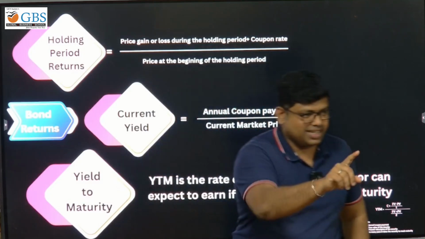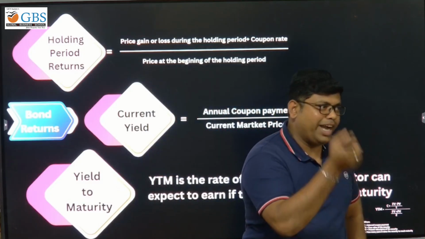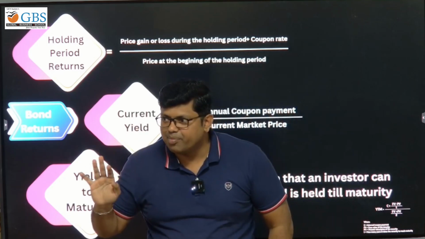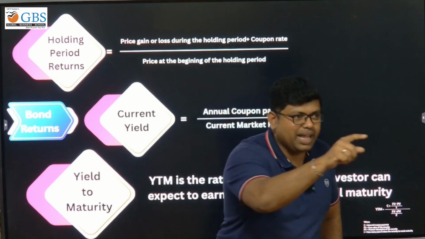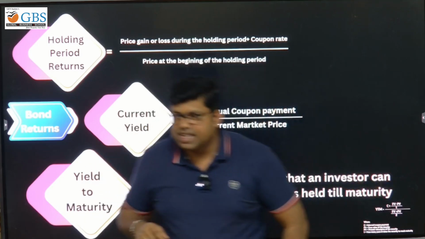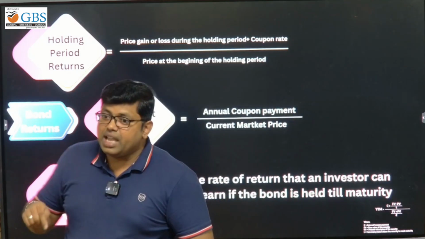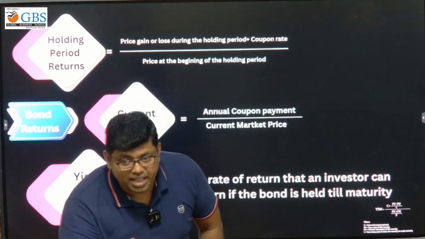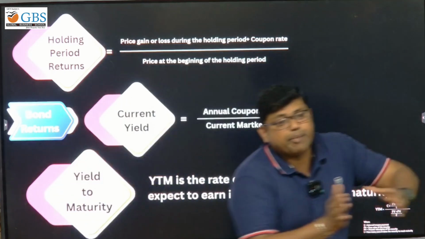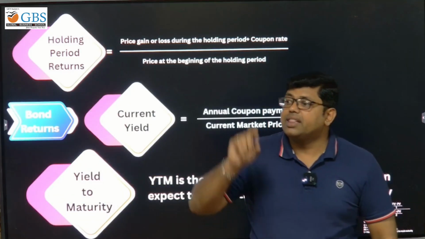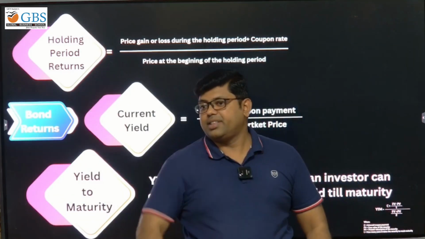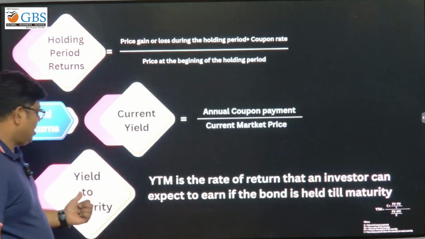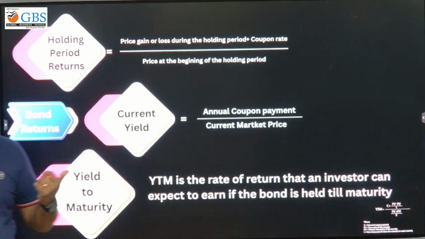See, you are an investor, so you can find out YTM for yourself. The company can't find it out, because the bond is taken by the investor. So for an investor, if he or she holds the security till its maturity, then that expected rate of return is nothing but YTM, that is yield to maturity.